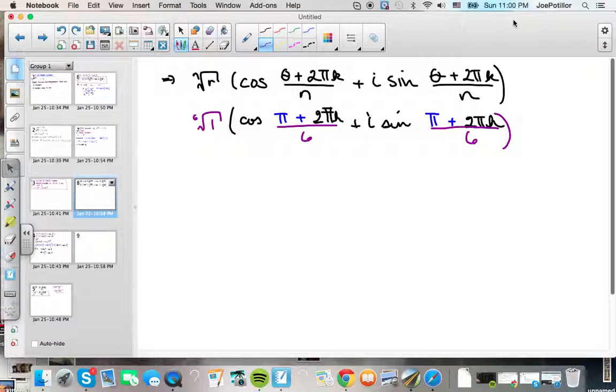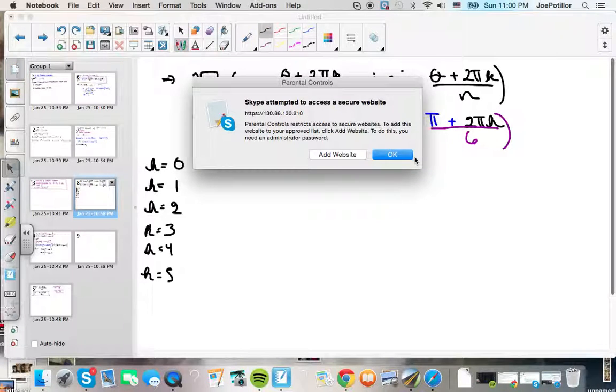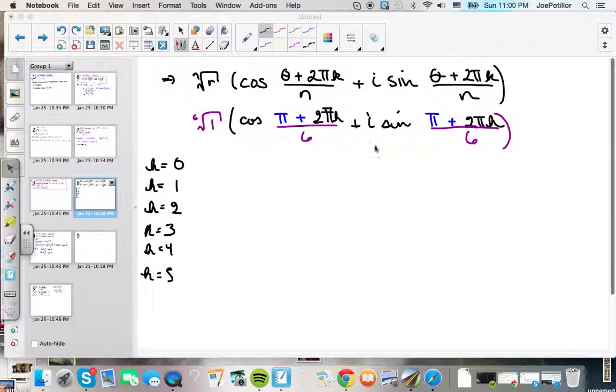And so from here we plug in our different numbers, which are 0, 1, 2, 3, 4, 5 respectively. So we know k equals 0, 1, 2, 3, 4, 5. So plugging in 0, 0 times 2 pi is nothing, so everything goes away. So it's just going to be pi over 6.